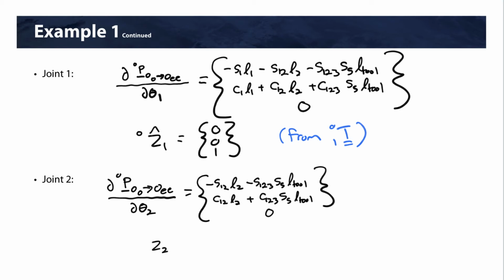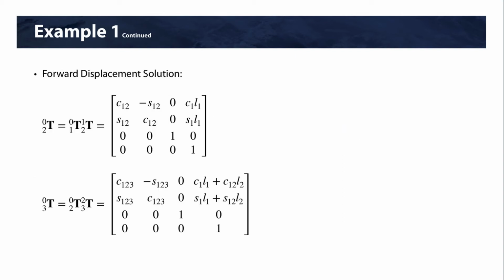We need Z2 now, our joint direction with respect to our base frame. So where we're going to get that, we're going to go to T02 now. So let's jump back to that. There's T02 here, and there is our joint direction. So let's highlight that.